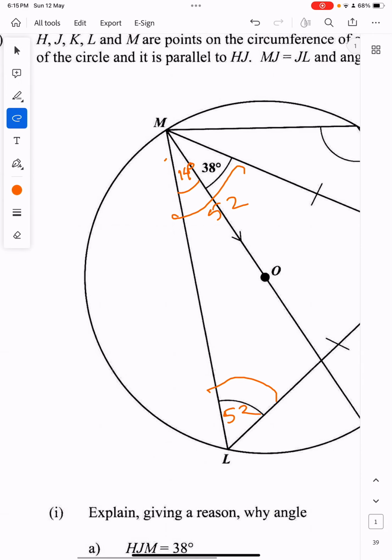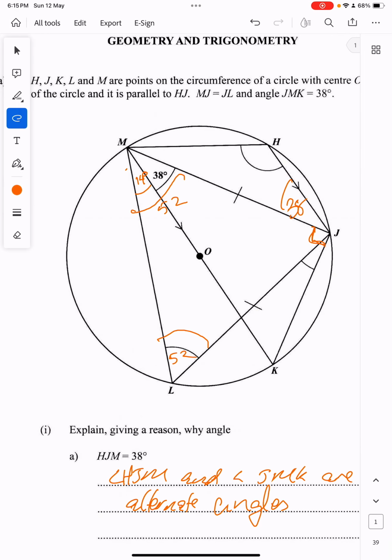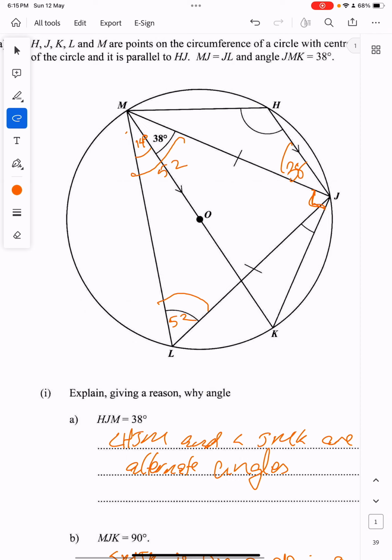Nice. Now, if we look at the chord, it's not really a chord that's there, but it's an imaginary chord, but they're coming from the same position.